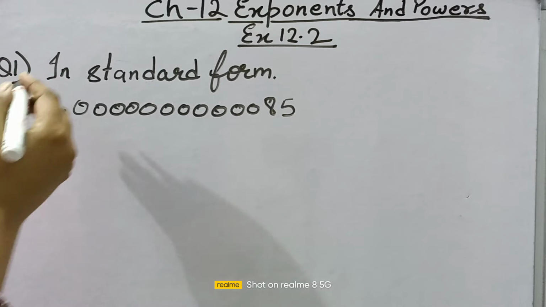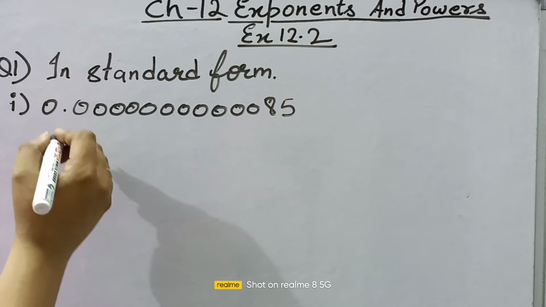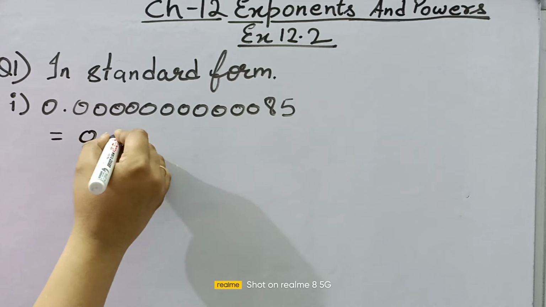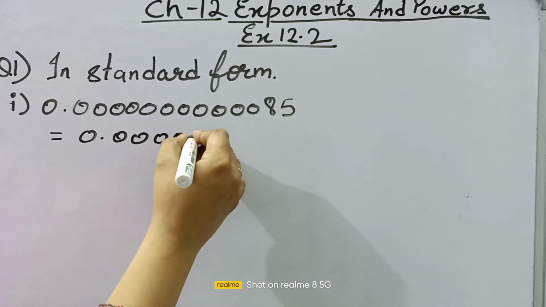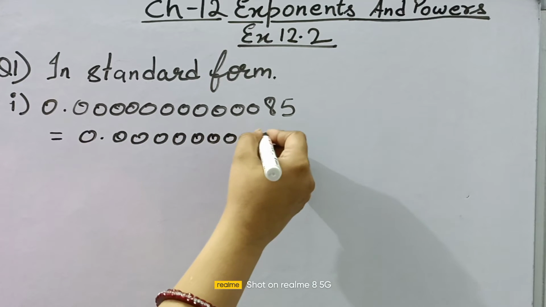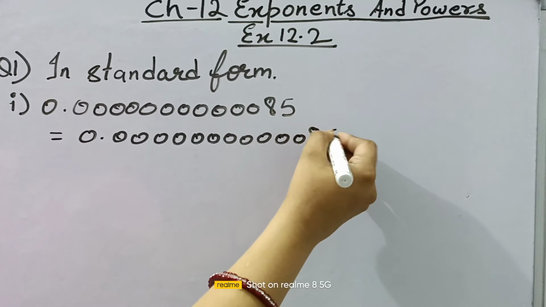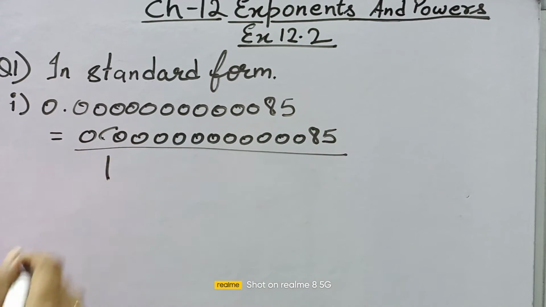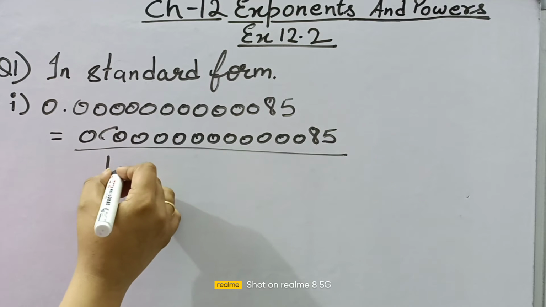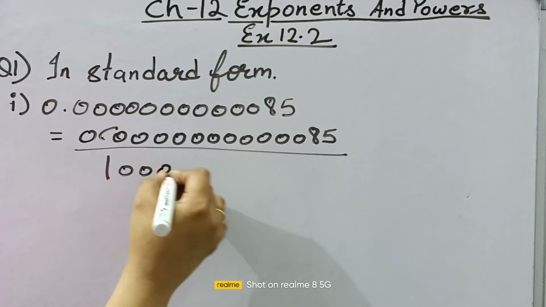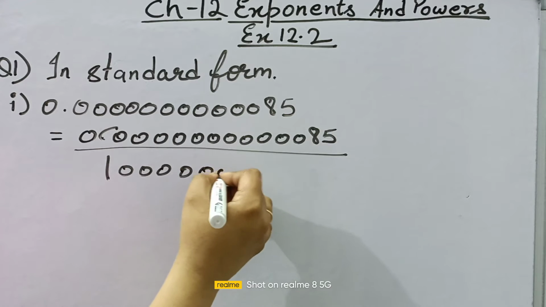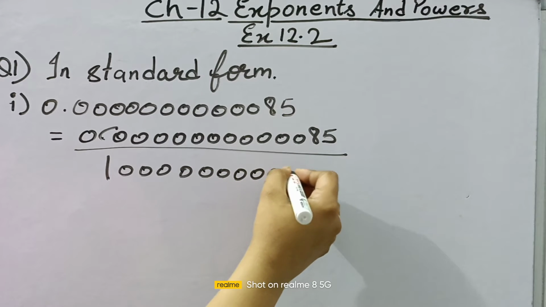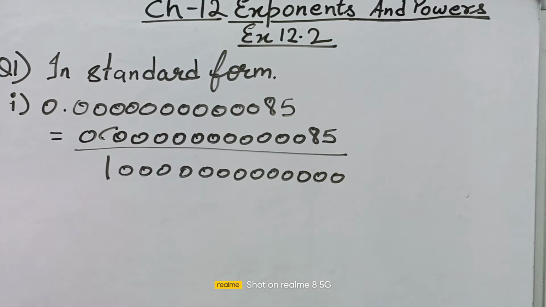So what we will do to convert it into standard form, we will remove this decimal. Now after removing this decimal, we will write a number in denominator which will have 13 zeros. Like this.